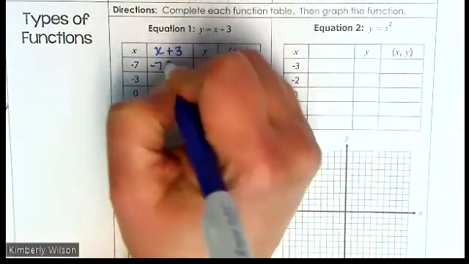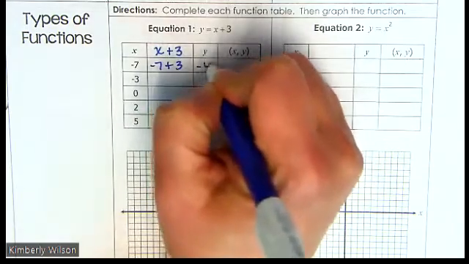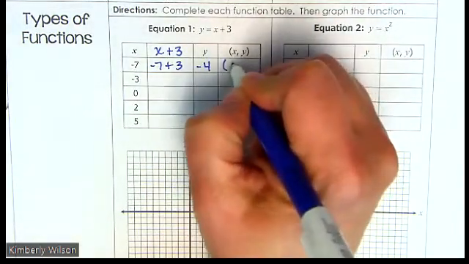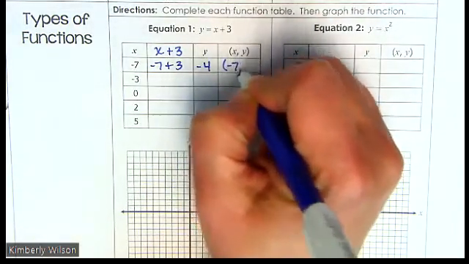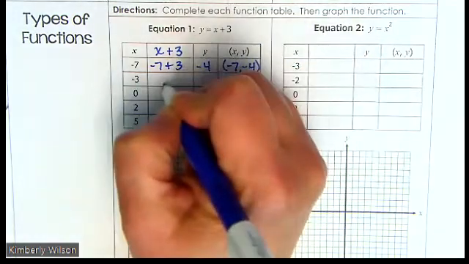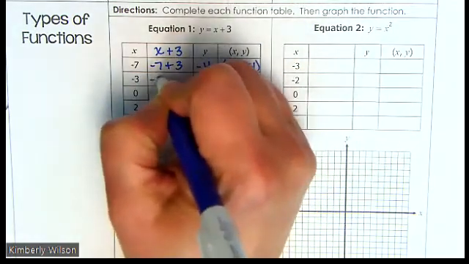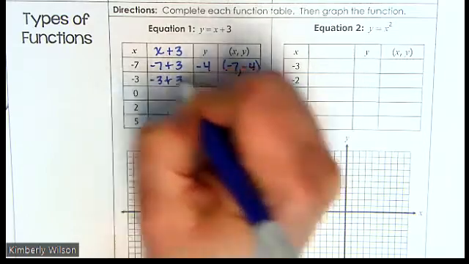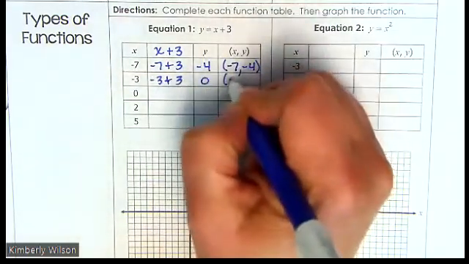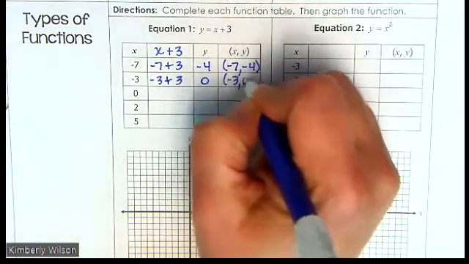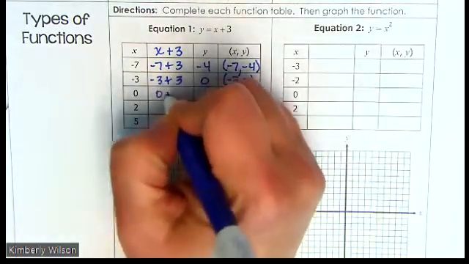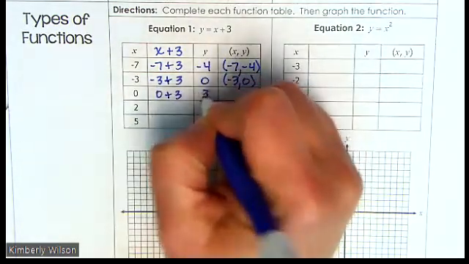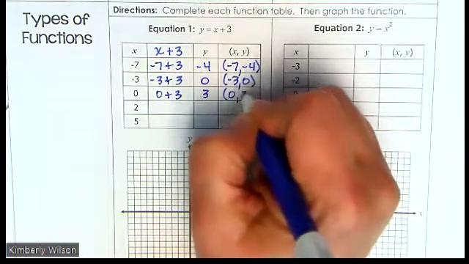That's going to be -7 plus 3, so that's going to be -4. That's the ordered pair -7, comma -4. -3 plus 3 equals 0. So this is going to be -3, comma 0. 0 plus 3 is 3. So then we have 0, comma 3.